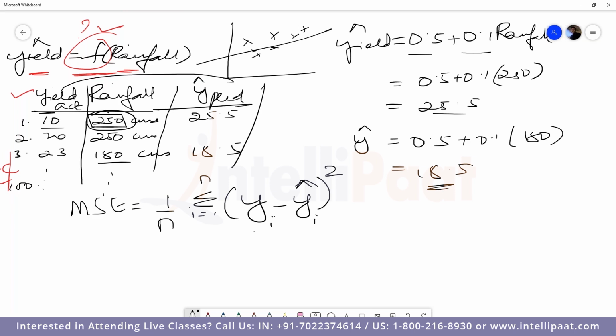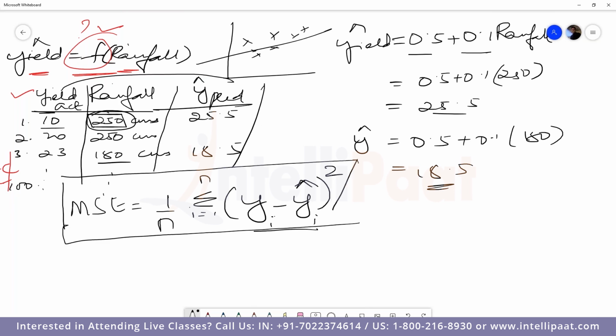yi minus yi hat is nothing but the error, the square of the error, and the mean of that error, as you observe over here. So what we are saying is, I want to make sure that this particular metric is minimum.